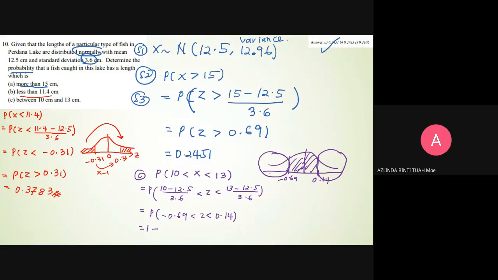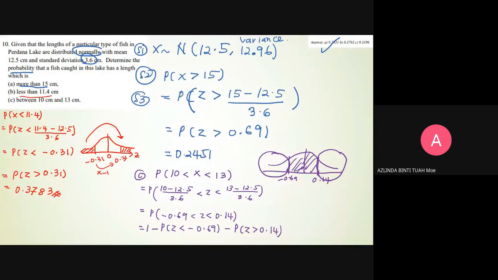Okay, the left part P(Z less than negative 0.69) minus the right-hand side P(Z greater than 0.14).